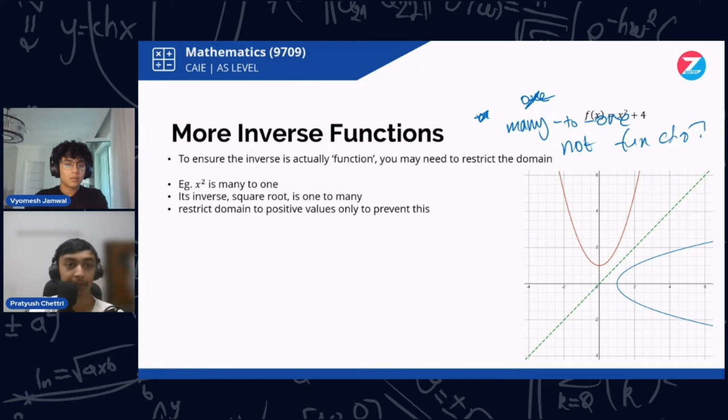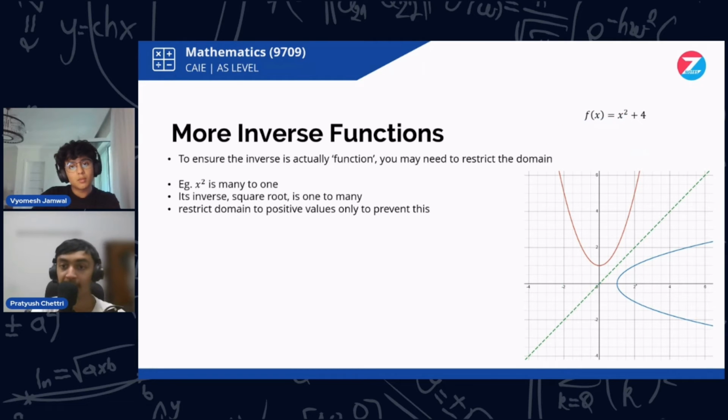You see x squared is many to one, because many values of x, let's say 2 values of x, can have the same value of y, right? That's fine. That's a function. But when you do a square root, that's where the problem comes in, because one value of x has 2 values of y. One input has 2 outputs, and that's not a function.